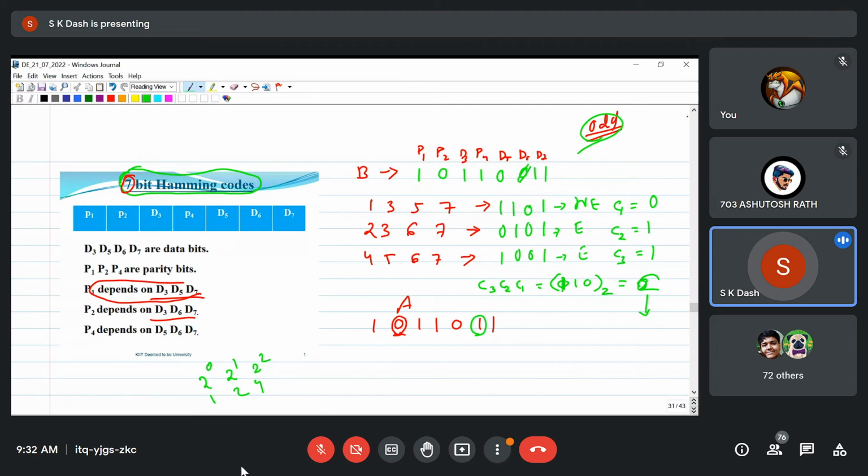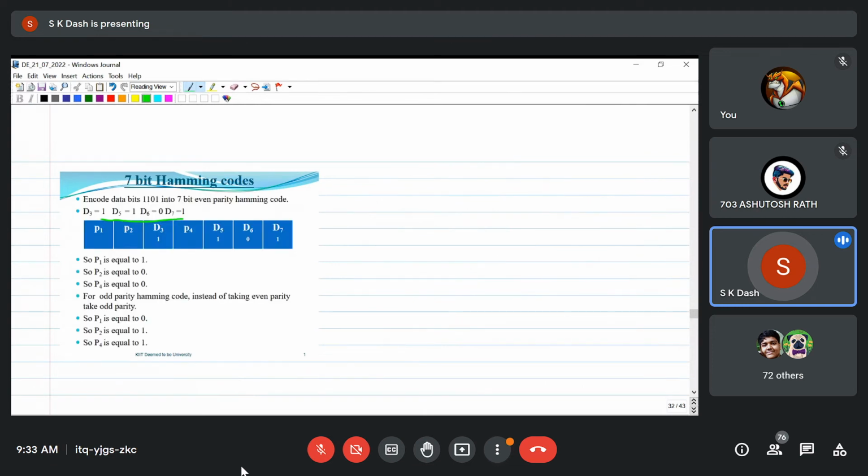So let us take an example for that also. Same example of 1101 is given, and we'll go for the even parity system. First of all, tell me what will happen to P1. Positions 1, 2, 3, 4, 5, 6, 7.